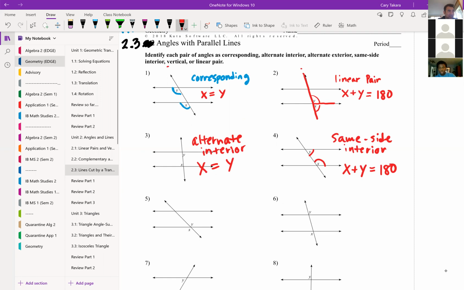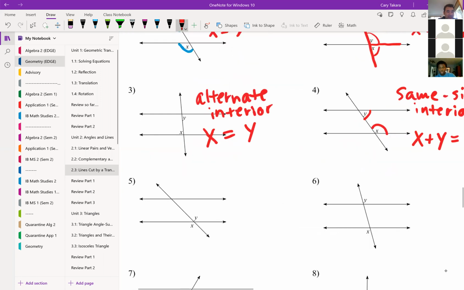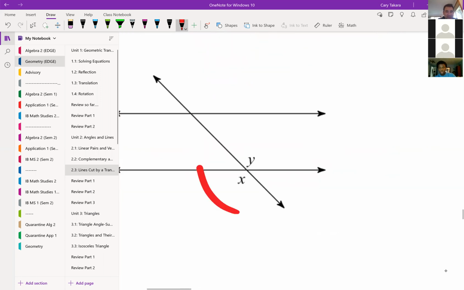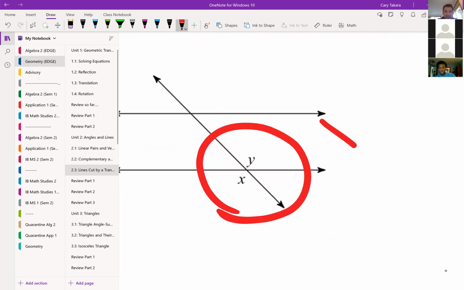Very good. Anybody else? How about just focus on this part right here? You've got 2 lines and it's one and then the opposite side. Now, what do you call that, guys? Janet, you've got it. It's vertical angles, isn't it?